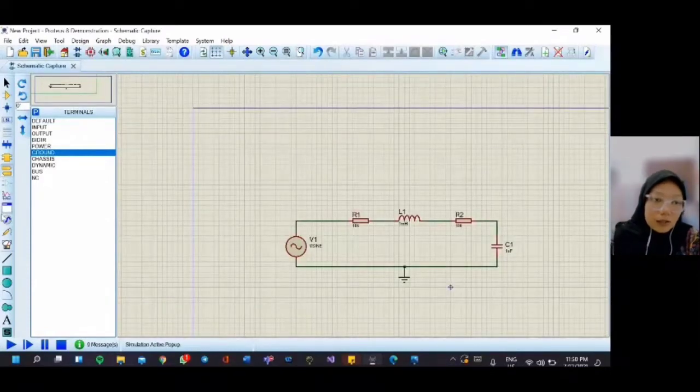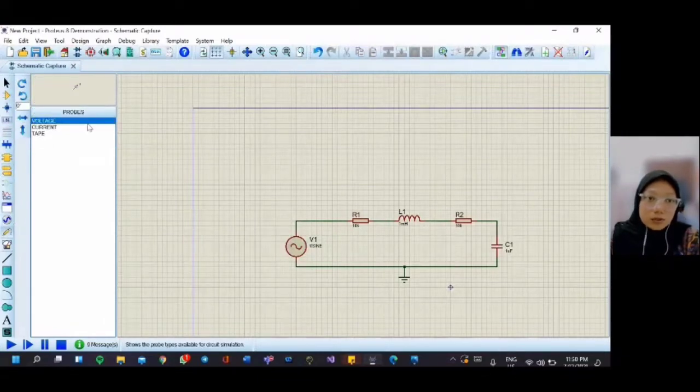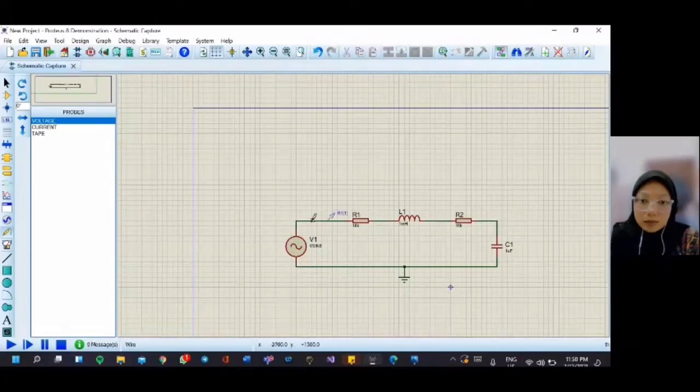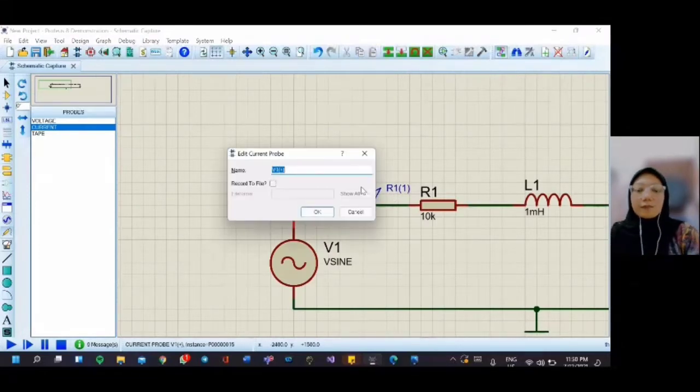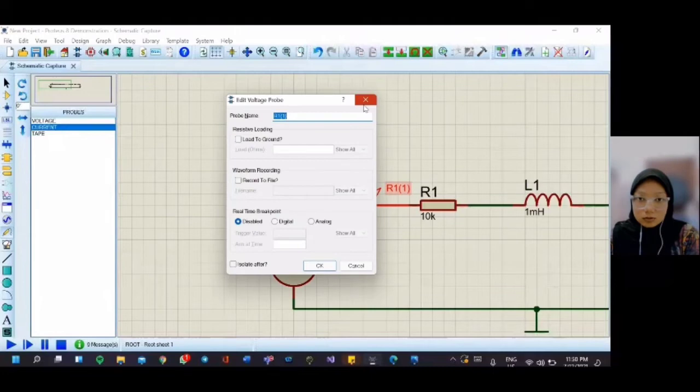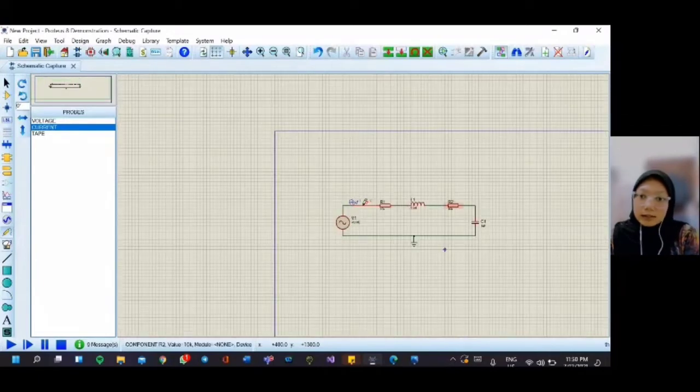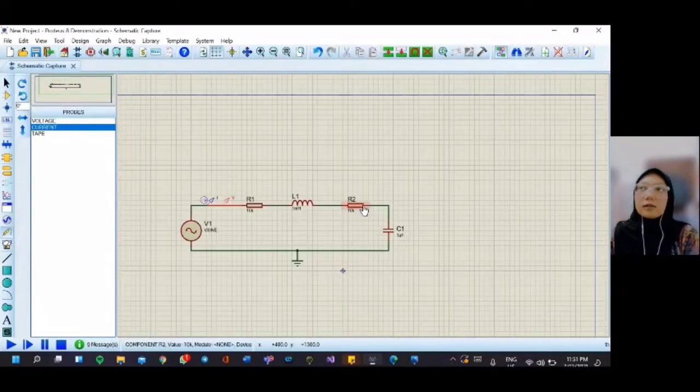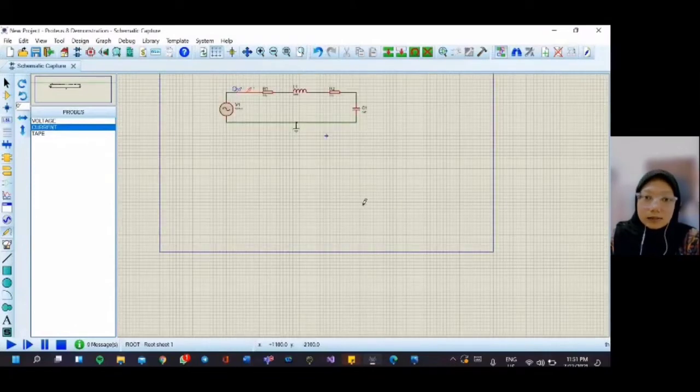After we connect the circuit, we can add the probe. The probe we will use is the voltage probe and current probe to show the waveform on the graph, so that we can calculate the phase angle.